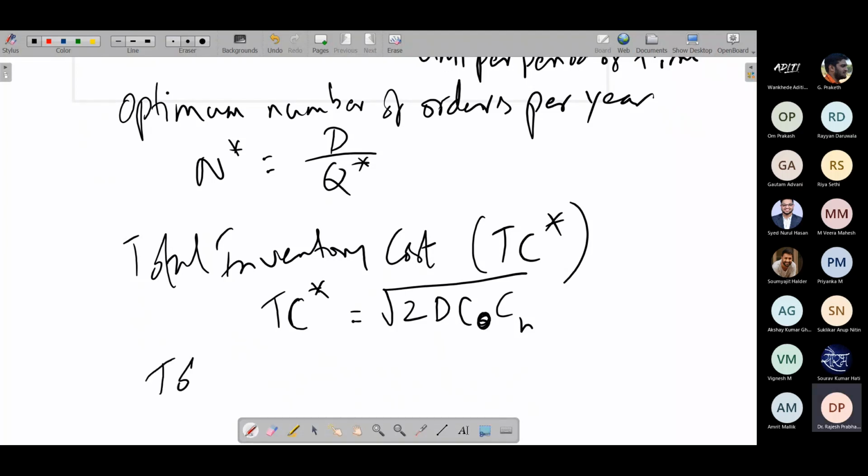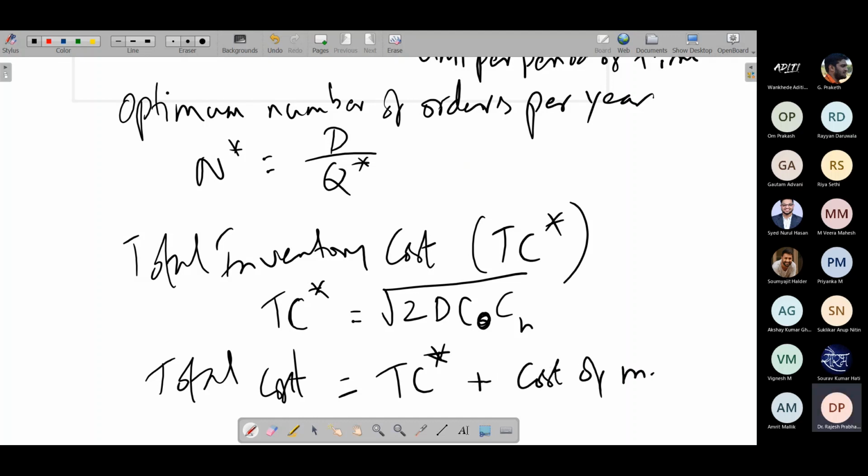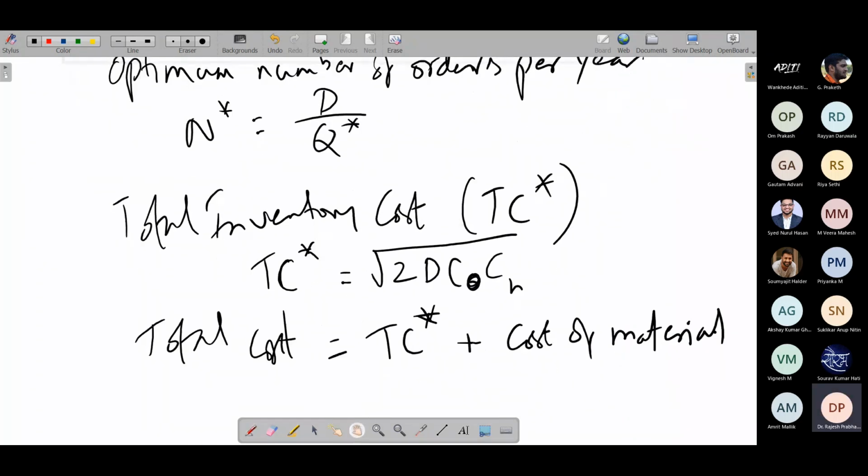So total cost is equal to TC star plus cost of material.